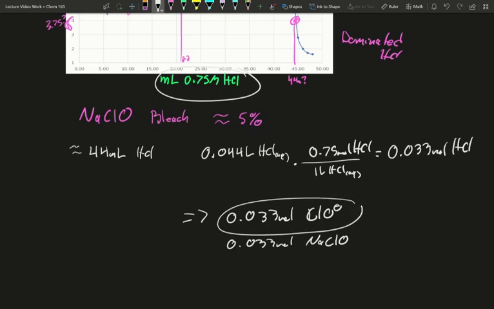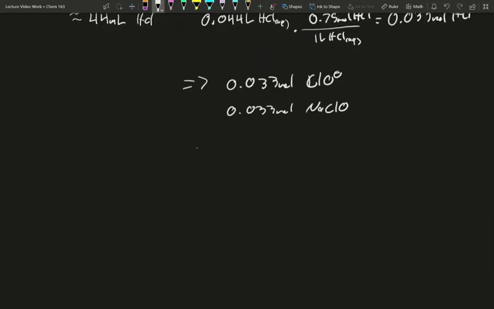That is, it gives us the moles of our hypochlorite, and so we can calculate out the molarity. Well, we used 50.00 milliliters of the unknown when we started. And so I have the volume of the solution and the moles of the unknown that must have been in that volume.